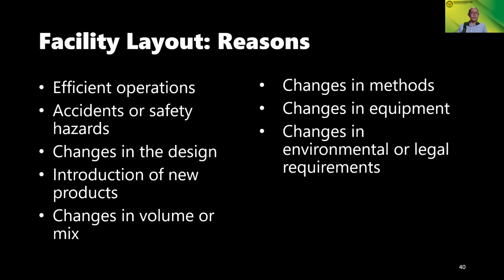Other reasons are accidents or safety hazards, changes in the design of products or services, introduction of new products or services, changes in the volume of output or mix of output, changes in methods, changes in equipment, changes in environmental or other legal requirements, and some morale problems such as lack of face-to-face contact. Take note that poor layout design can adversely affect system performance.